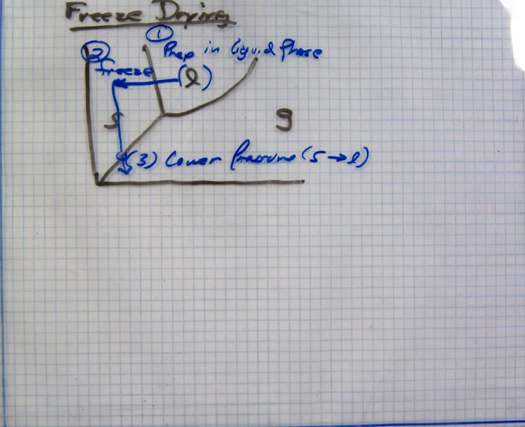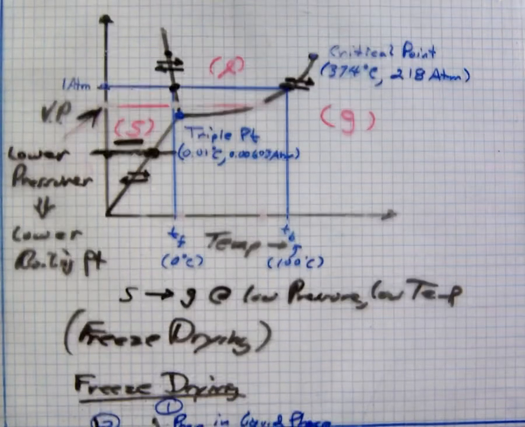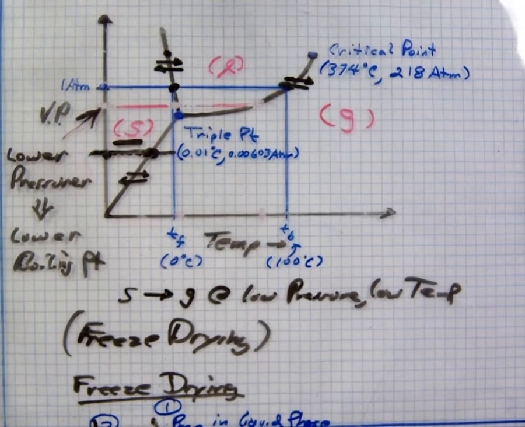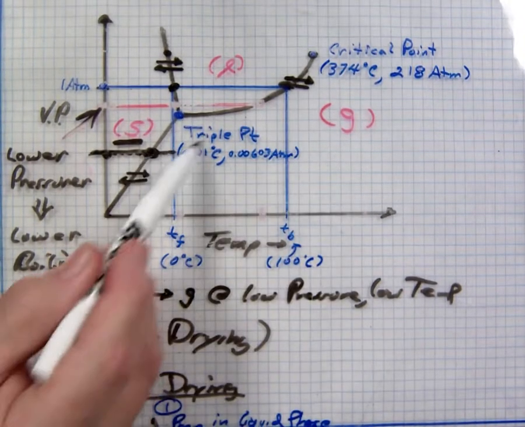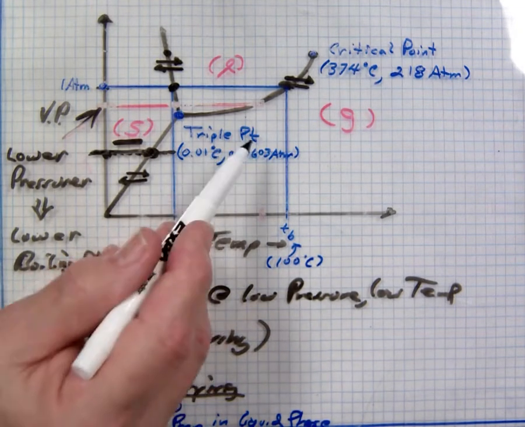There are a couple of points on here that you need to make note of. Let me bring this back up here. The triple point and the critical point. Triple point, you don't even need to remember the numbers, but you need to remember the term, is the temperature and pressure at which all three phases exist simultaneously. So that's what that is.